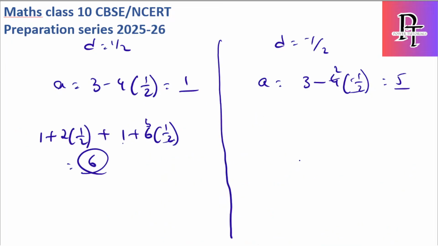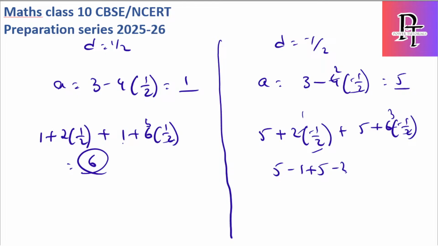What about here, where a is 5? So 5 plus 2 into minus 1 by 2, plus 5 plus 6 into minus 1 by 2. This is minus 1, this is minus 3. So 5 minus 1 plus 5 minus 3, 10 minus 4, which is 6. Here it is also satisfying, so we have to solve for both.